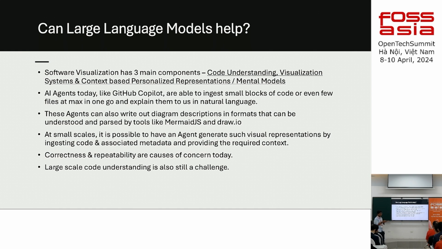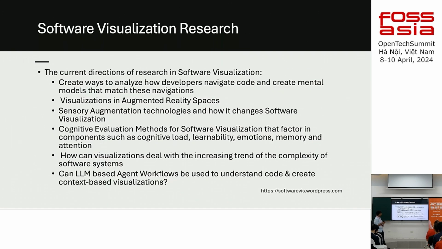There are certain approaches, but since the technology itself is very new, all of these research activities are currently in progress. There's a lot that is happening in software visualization research today. So from understanding what our mental models are, how do each of us think about the code base, and how do all of us keep all of this information about a particular code base in our heads while we can't really describe it?